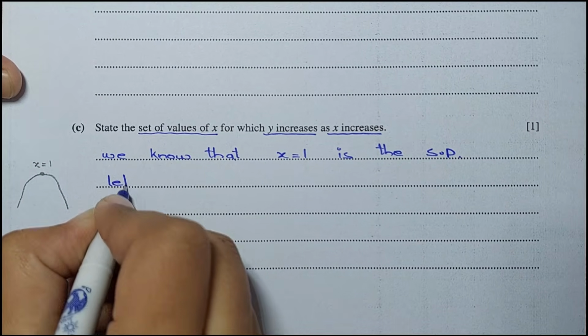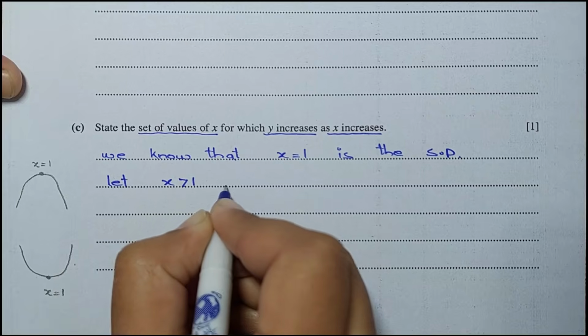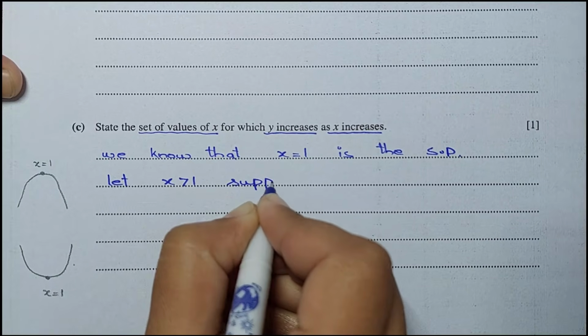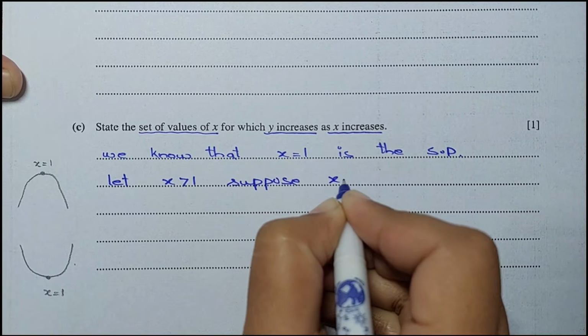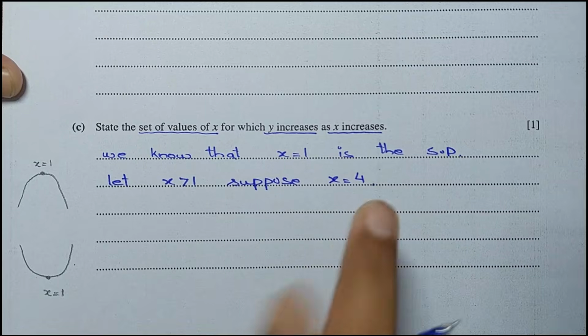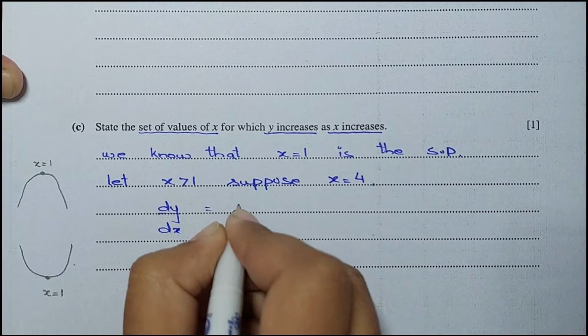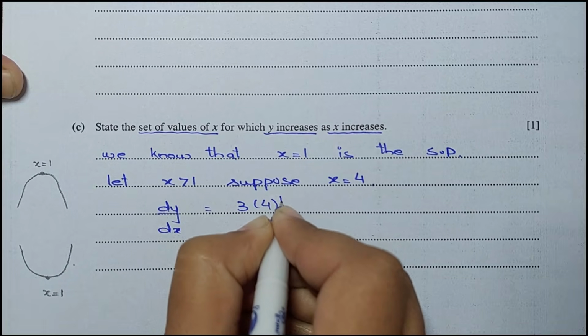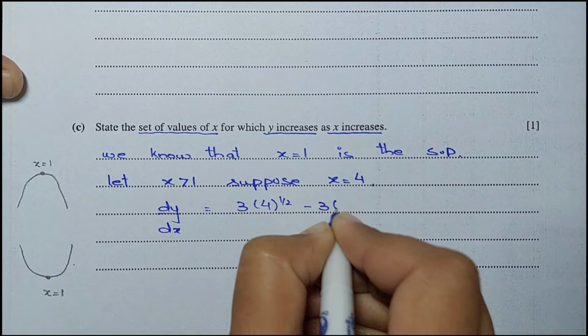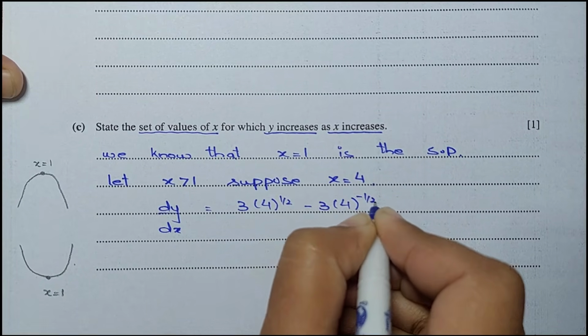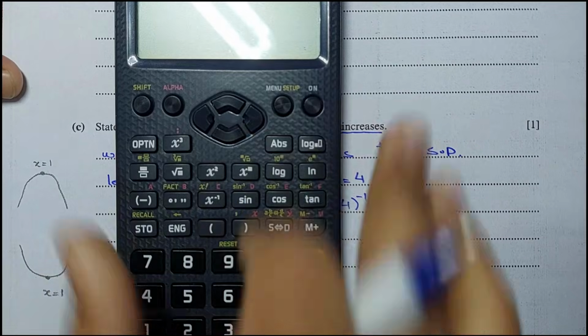Let x be greater than 1, so suppose x equals 4, right? And put this value into the first derivative. dy over dx is 3 times 4 to the power 1 by 2 minus 3 times 4 to the power minus 1 by 2. Let me simplify this.